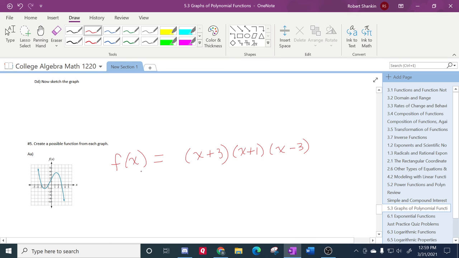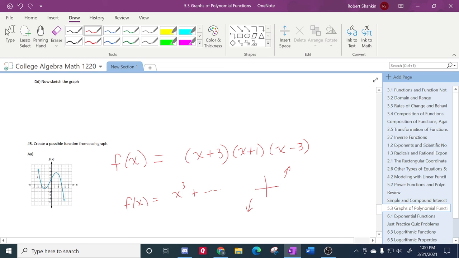Alright, now I could say here's a possible function for this, but notice this would be 3rd degree if you FOILed this out all the way. Now 3rd degree has this kind of end behavior, because put a positive 100 into it, you're going to get a positive result way on the far right.